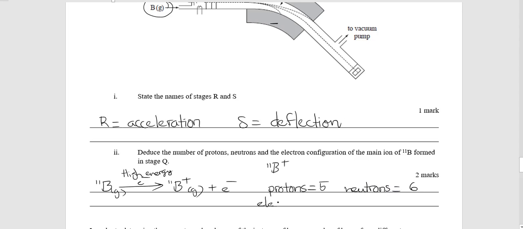For the electron configuration, you need to remember how many electrons are in here. Because it has lost one electron, it only has 4 electrons left. So electron configuration will be 1s2, 2s2. That's it.